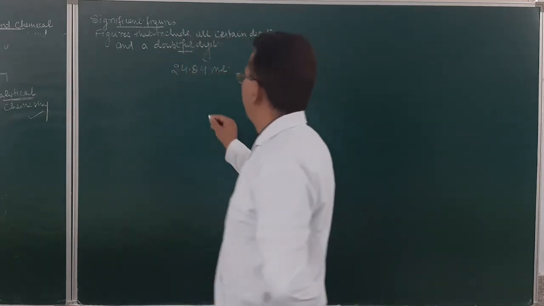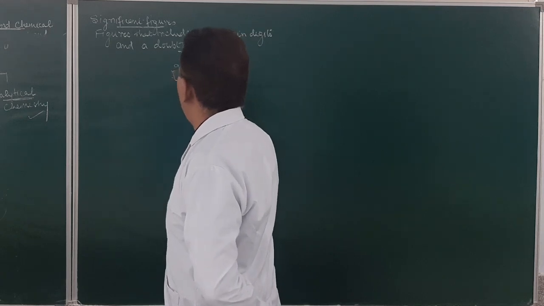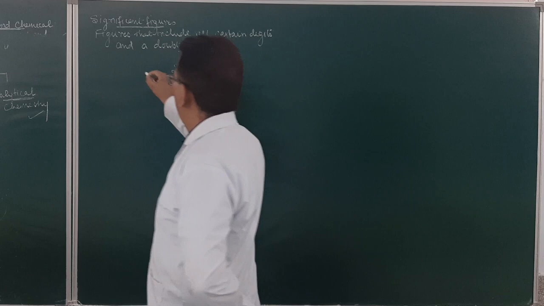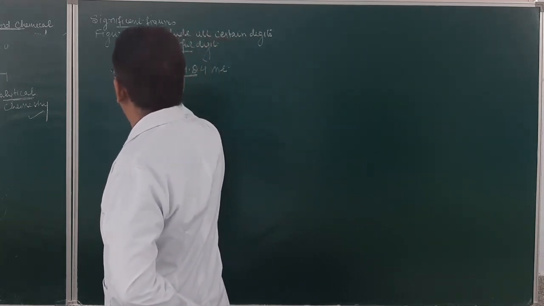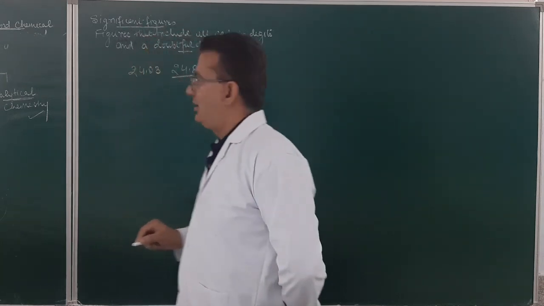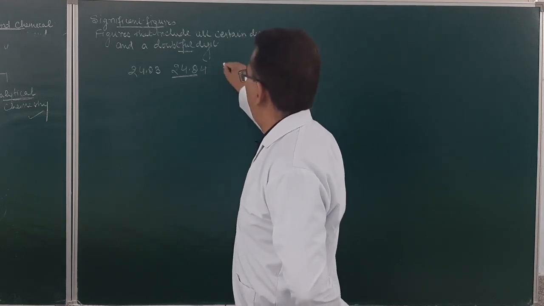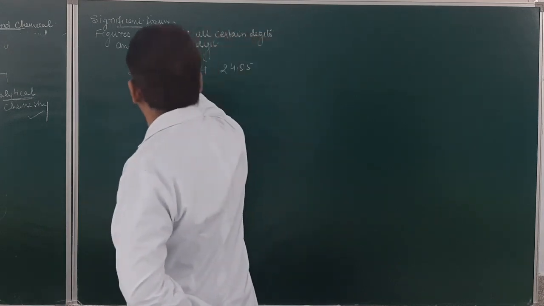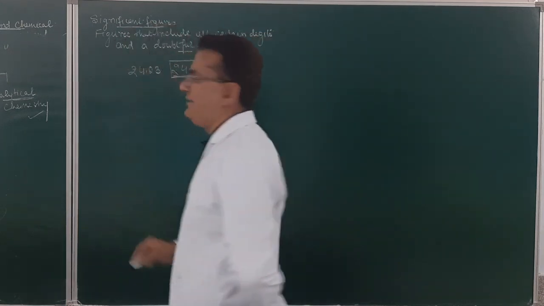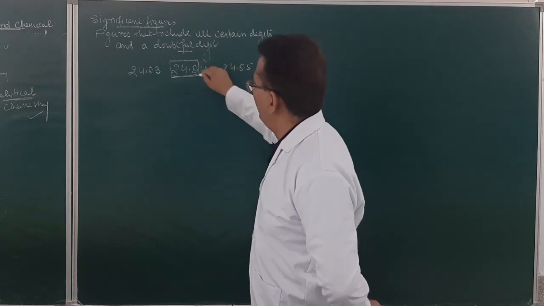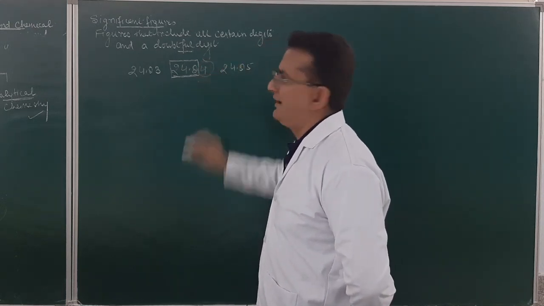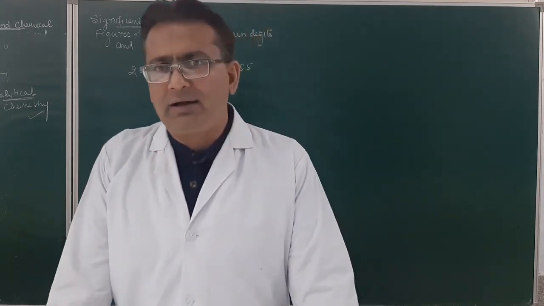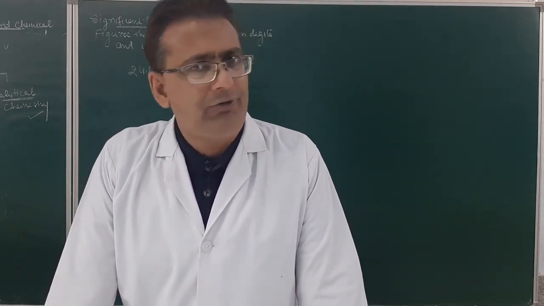In any measurement, suppose these are the certain digits, everyone obtains up to 24.8, but for the next digit, someone observed it as 24.83 and someone observed it as 24.85. So, this 8 over here is a certain digit, but 4 becomes a doubtful digit. So, this is a significant figure. Significant figures are all certain digits plus a doubtful digit.